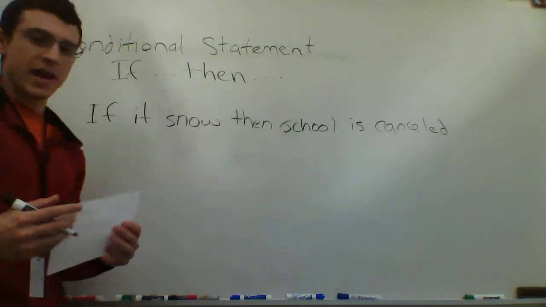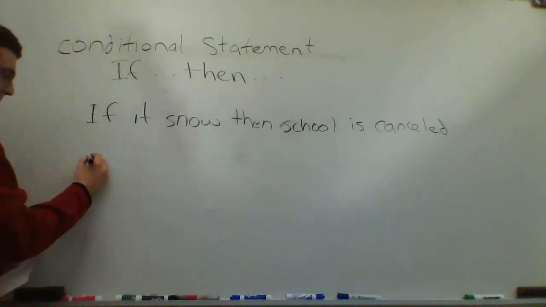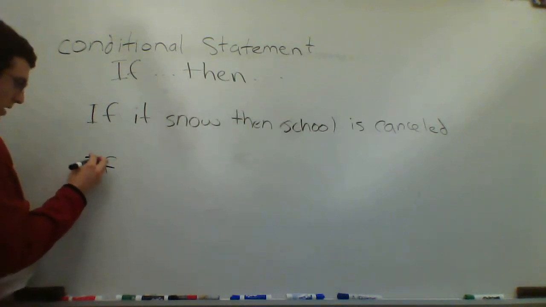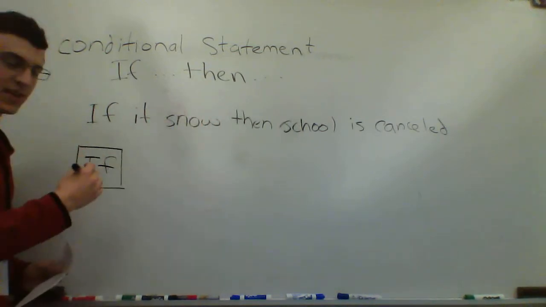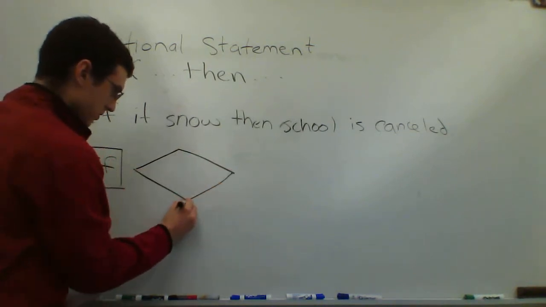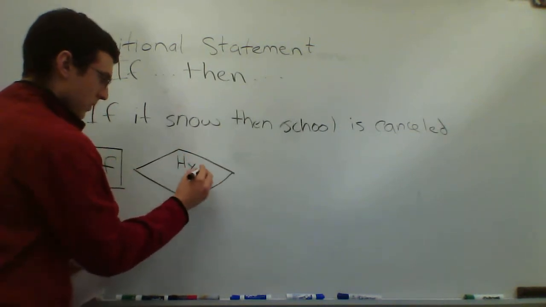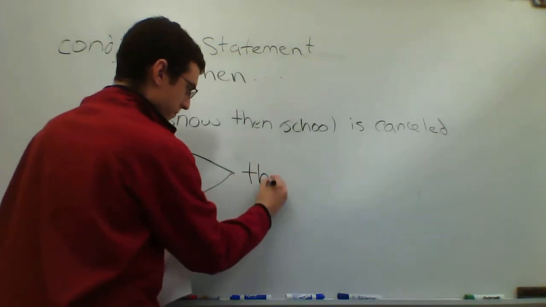Every conditional statement has four parts, right? There is your if part. There is the part right after the if, or the hypothesis part. Hypothesis. Right? There is your then.